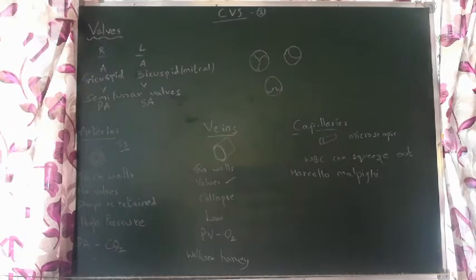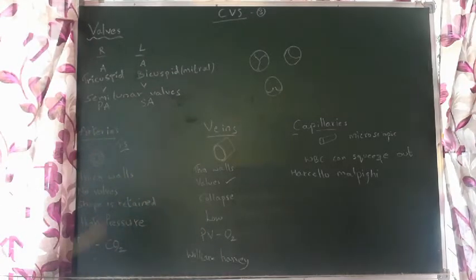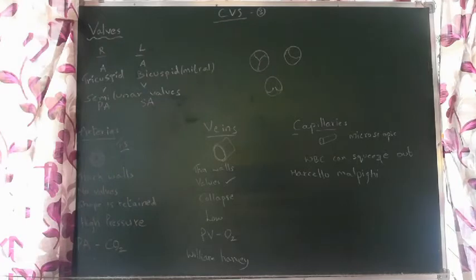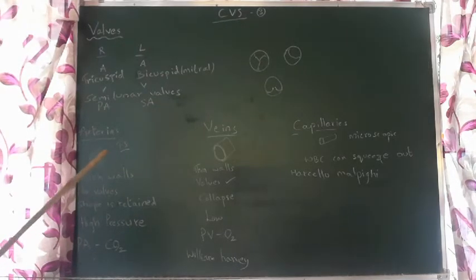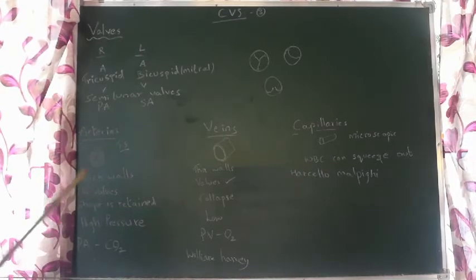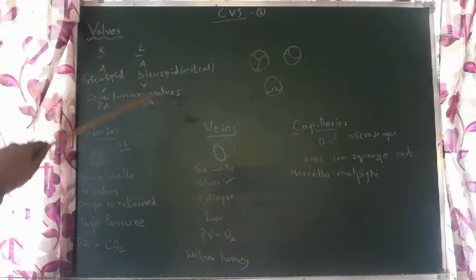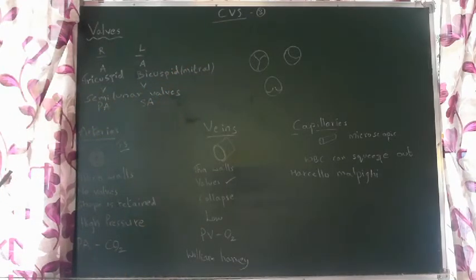Okay. So, now what is the atrioventricular valve which is present on the left side, which is present in between left atrium and left ventricle? What is it? Bicuspid or mitral valve. 2 names, bicuspid valve we can say or else mitral valve also we can say.